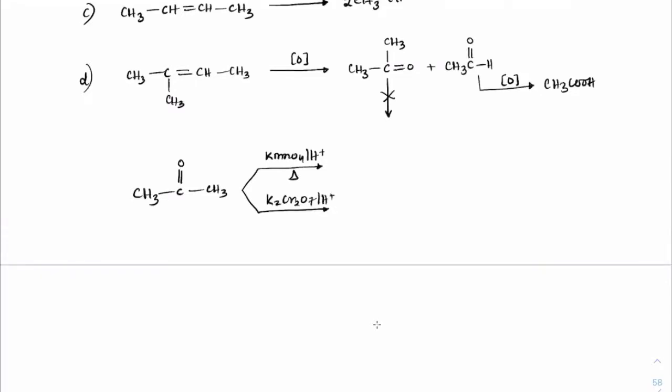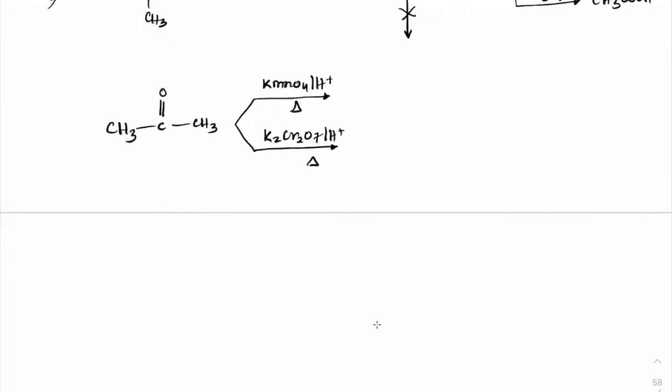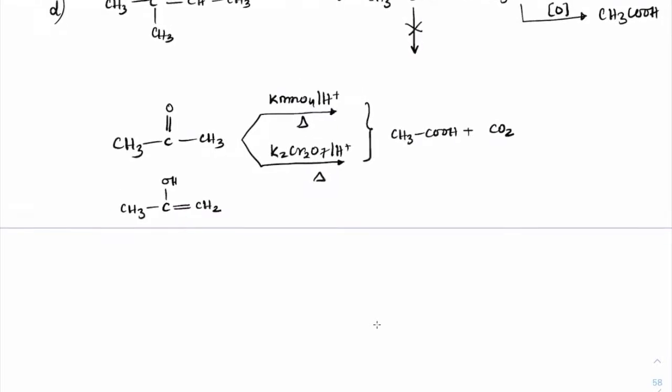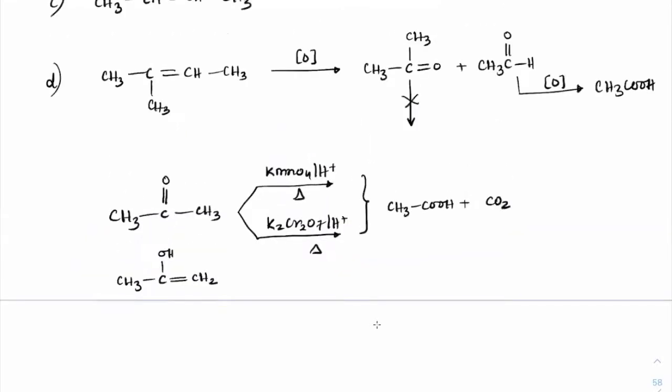In rigorous conditions, the carbonyl compound will start showing more of the enol form, and enol means double bond. Again, break it. If you break it here, typically we will get the product CH3COOH plus CO2. One carbon becomes CO2 and the other becomes CH3COOH.